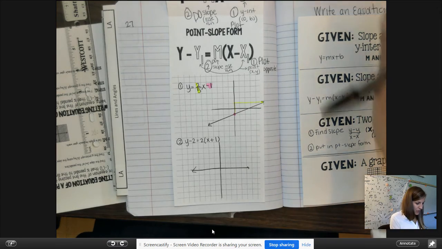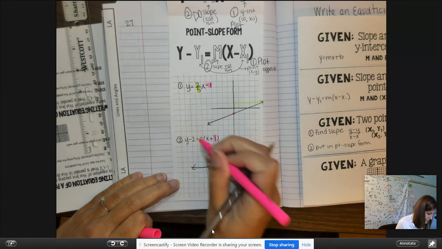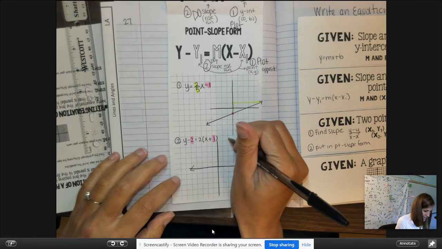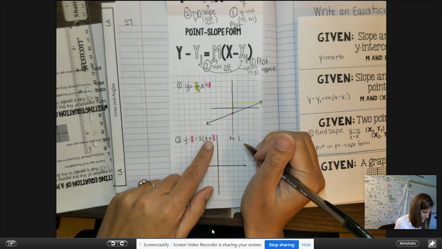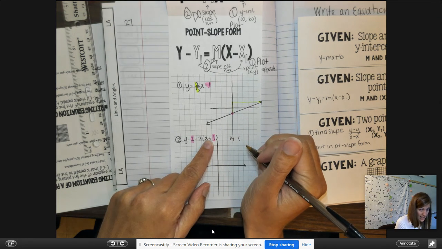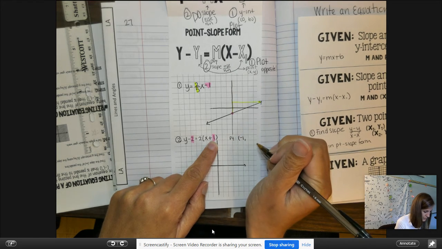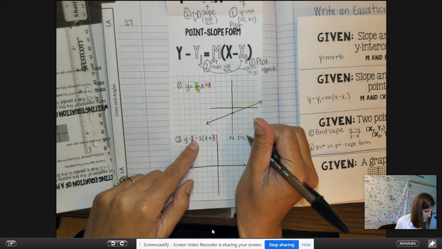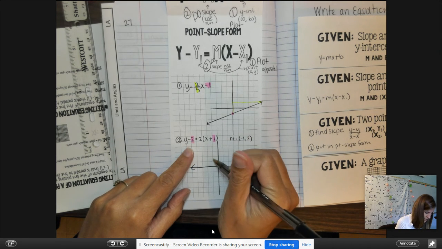I do need to first plot my point, which comes from here and here, and they're actually opposite. So my point is whatever is with x is the x value, but it's opposite. And whatever is with y is the y value, but it's opposite. So we need to plot that point (-1, 2).